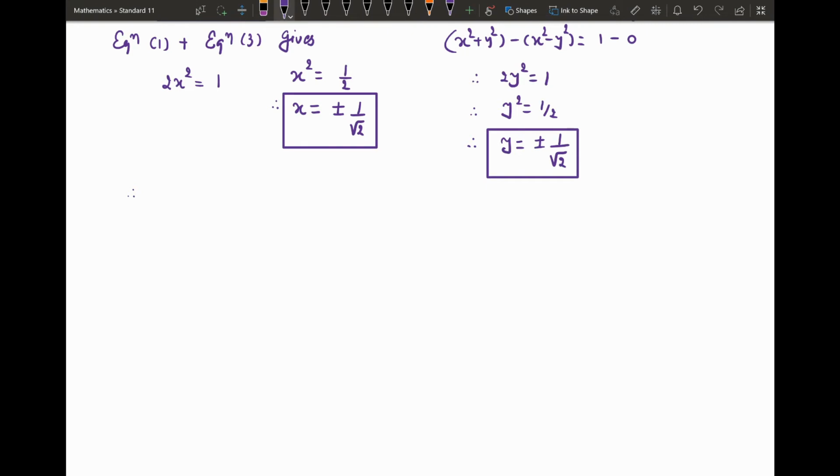So if x equal to 1 upon root 2, then y equal to 1 upon root 2, and the square root is x plus iy equal to 1 upon root 2 plus i into 1 upon root 2.